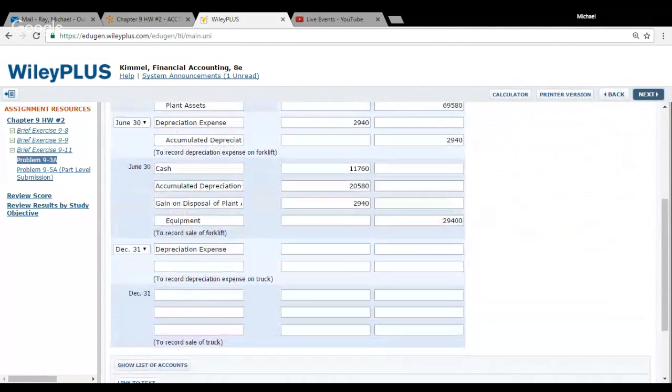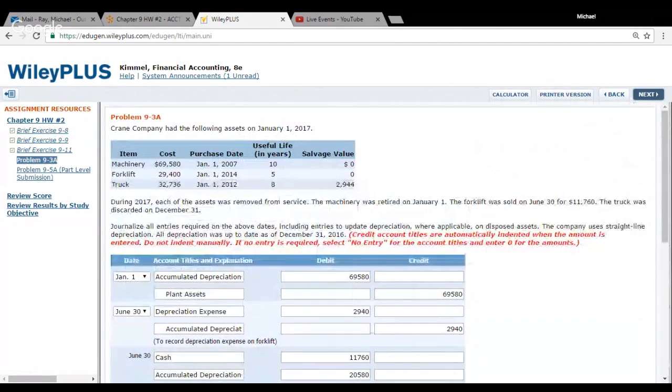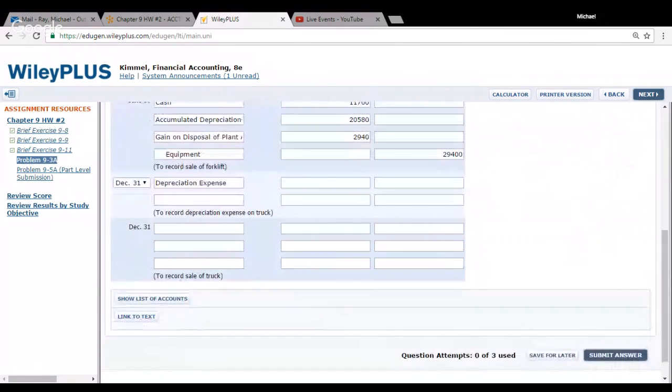So we need to look. We bought the truck in 2012, and so we've owned the truck for 2012, 2013, 2014, 2015, 2016, 2017. Since we're doing this at the end of the year, it's our 6th year owning the truck. So we'll multiply this number by 6.